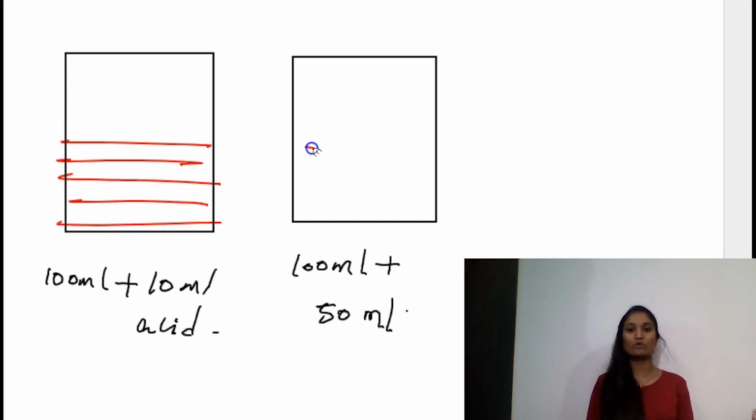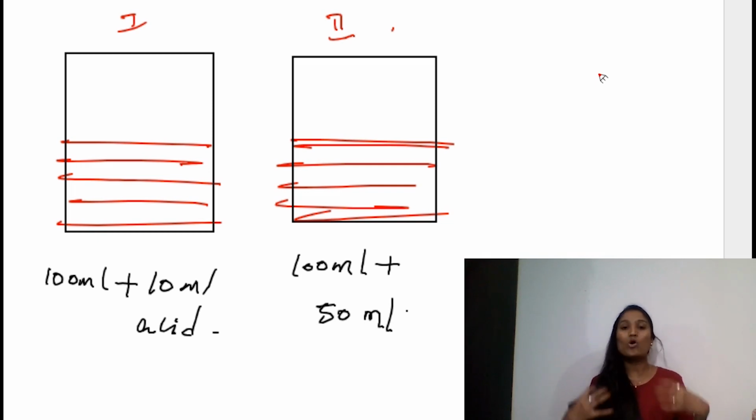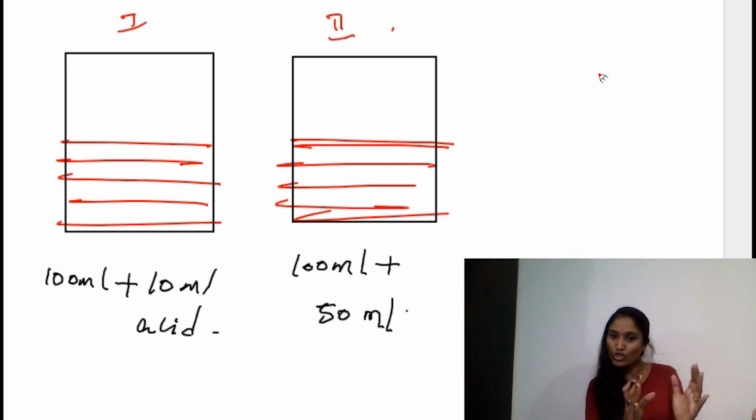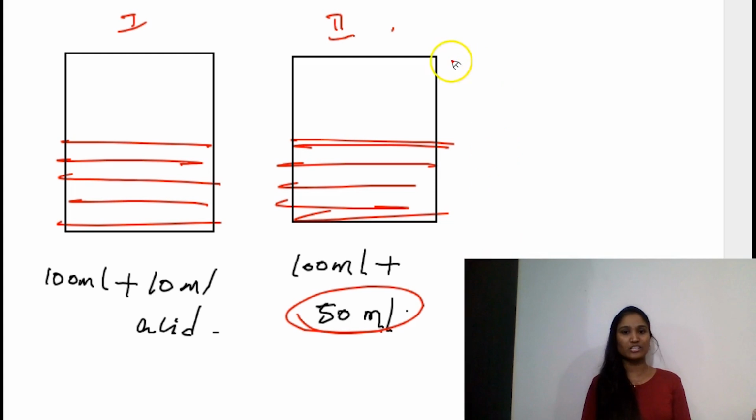That's all is the difference. Now you tell me, I'm not asking you to taste, I'm just asking you to compare the previous example and this example and conclude which among these two will be having more power, more acidic, which will be more acidic. By the way, observe the volume of acid here, 50 ml, so more acidic. Container 2 will be more acidic.